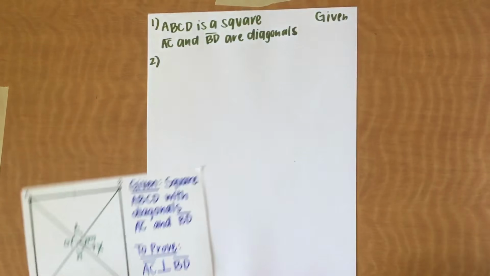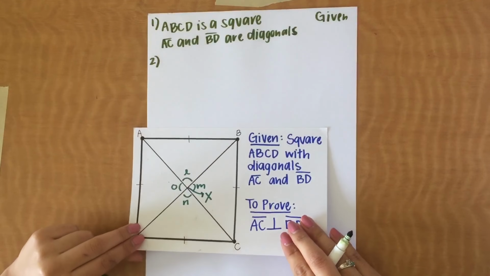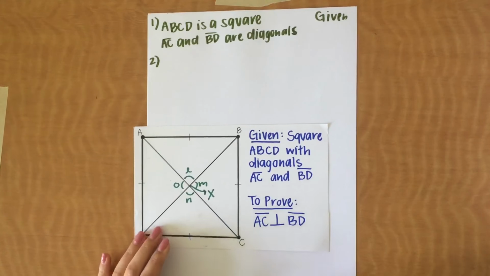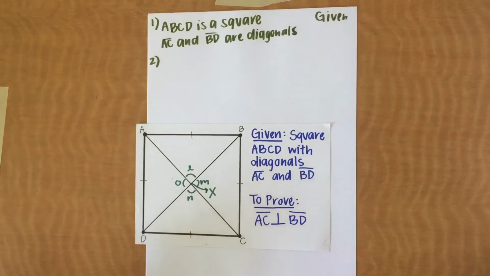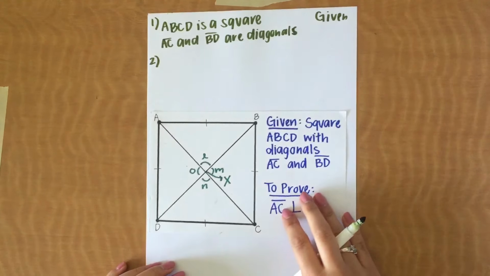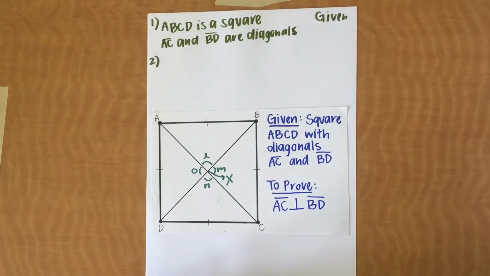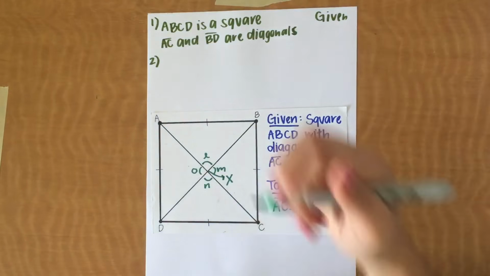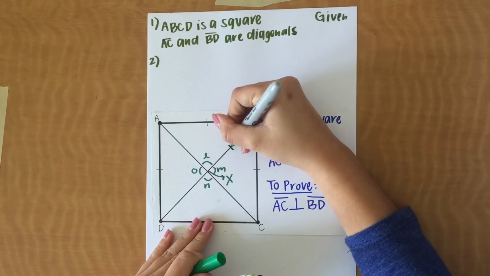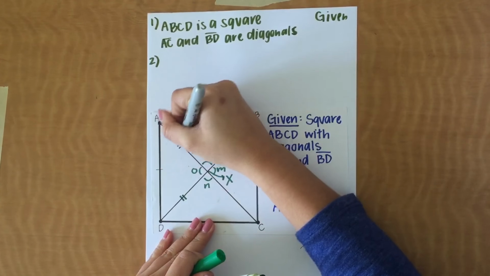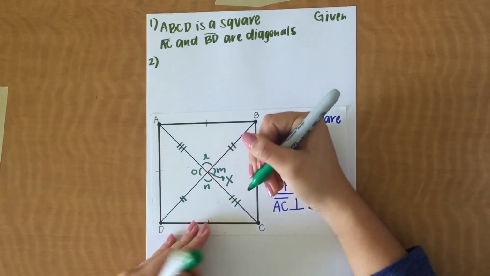So 2. Now we have to figure out that one of these angles is 90 degrees. To do that, let's see if we can remember anything about the definition of a square. In a square, the diagonals bisect each other, which means that this is congruent to this, and this is congruent to this.